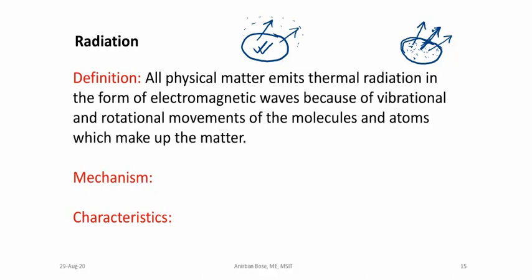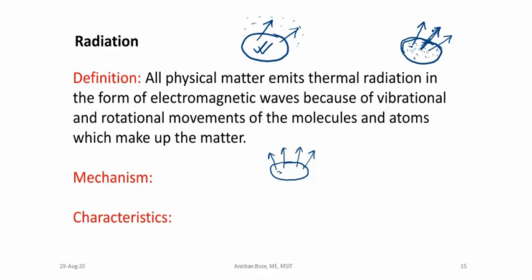So this is the basic mechanism of thermal radiation: if a body is at a particular temperature, it will emit thermal radiation, which is nothing but electromagnetic radiation, continuously coming out of the body because of the vibration and rotational motion of its atoms or molecules. This is the basic mechanism that you have to remember.